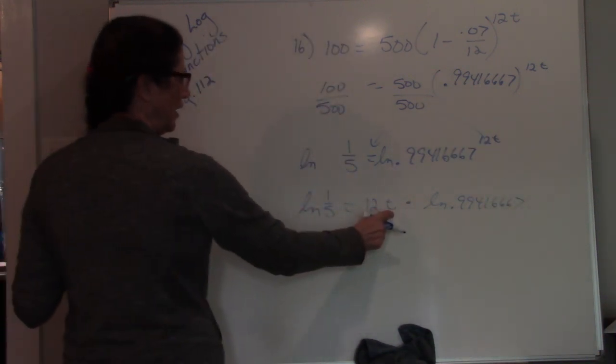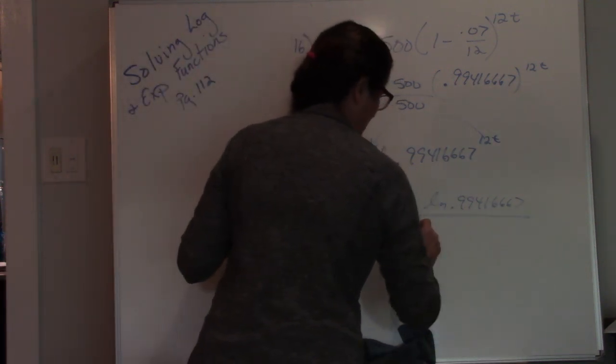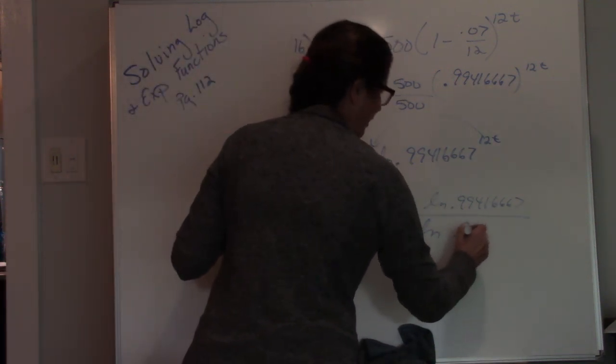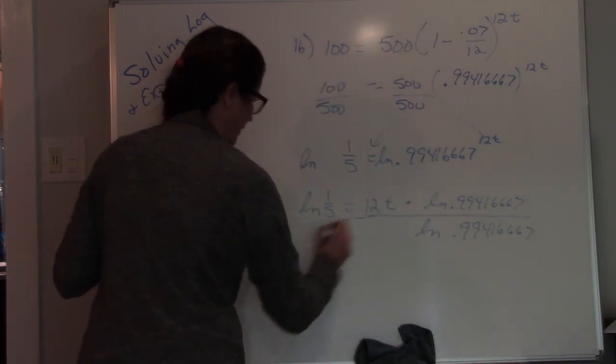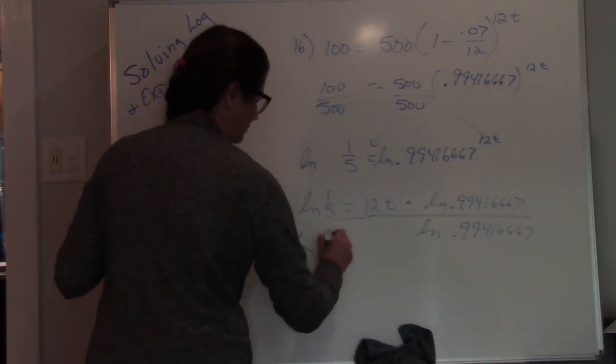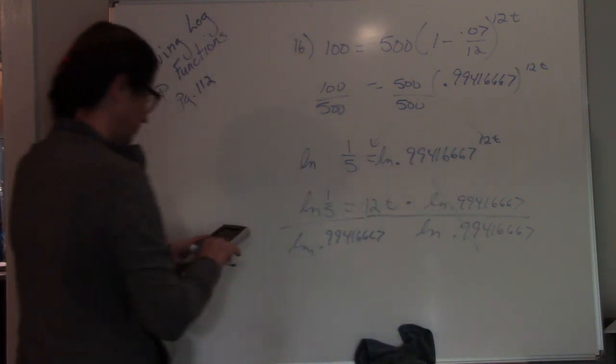Okay, again, I want t by itself. So I do this in 2 steps. I divide off my ln first, and I get this answer. That cancels.